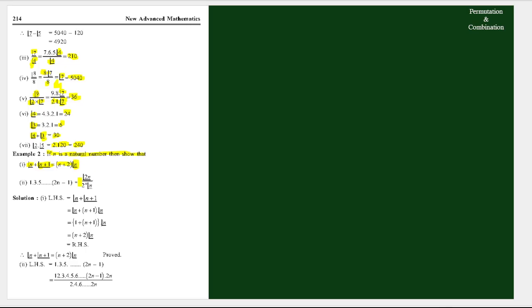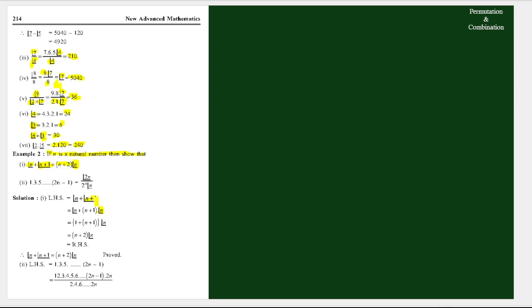Okay, so what is in our left hand side? Factorial n plus 1. And then factorial n plus 1 is nothing but n plus 1 into n, and so on; minus 1 will leave only factorial n.